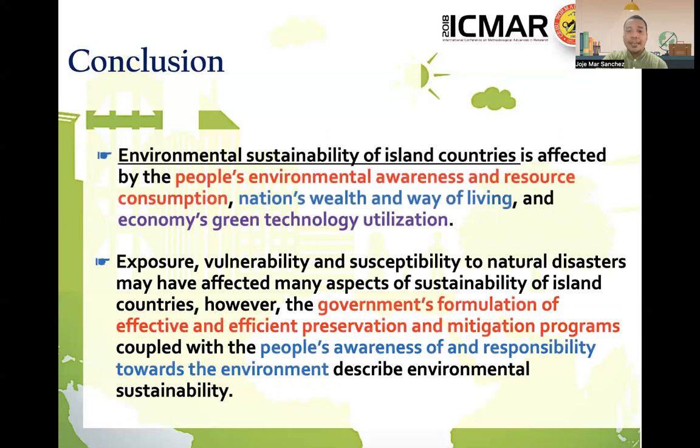Exposure, vulnerability, and susceptibility to natural disasters may have affected many aspects of sustainability of island countries. However, the government's formulation of effective and efficient preservation and mitigation programs, coupled with the people's awareness of and responsibility towards the environment, describe environmental sustainability.